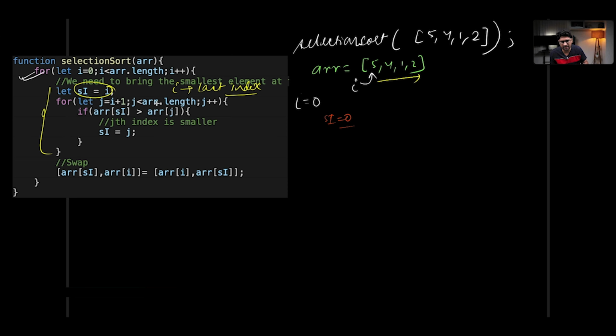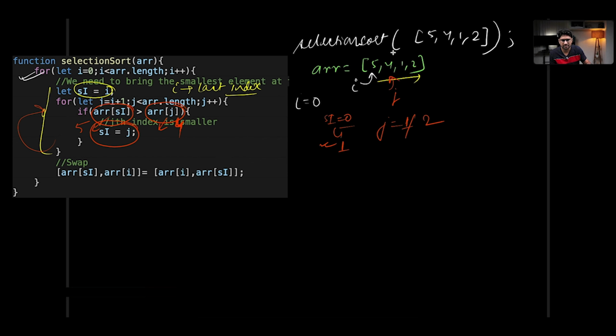And then I start from i plus 1, so j starts from 1. From here, I start comparing array of smallestIndex and array of j. For example, array of smallestIndex in the beginning is 5 and array of j is 4. So I compare, and smallestIndex becomes equal to 1. Then the next time the for loop runs, j has become 2.